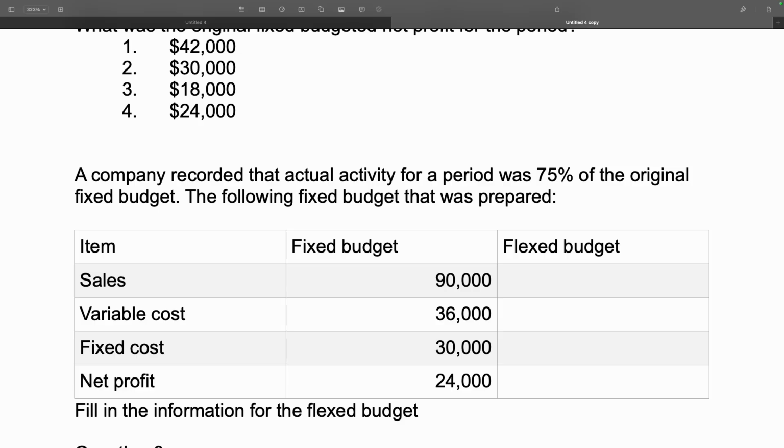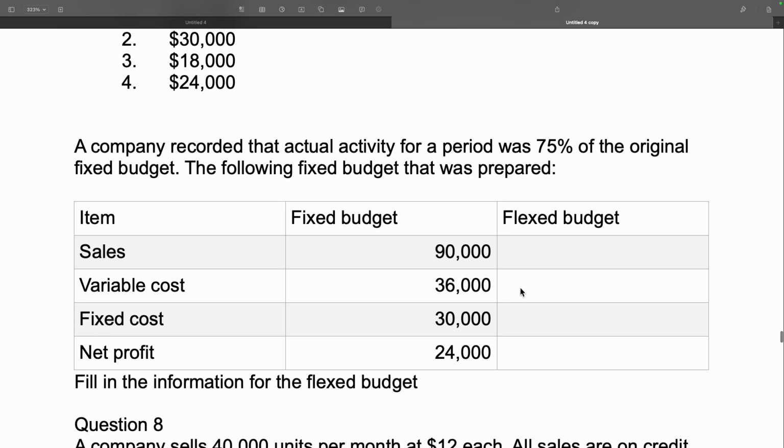Now, the company recorded actual activity for a period of 75% of the original fixed budget. The following fixed budget was prepared. How much is the flex budget? So for this one, fill in the information.